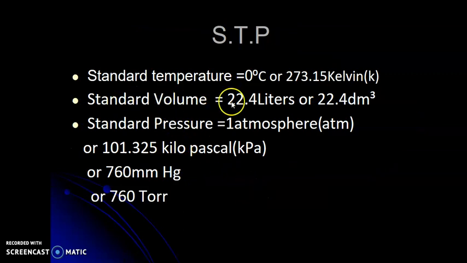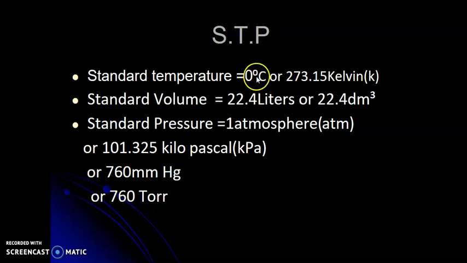All right, this is the breakdown. Standard volume is 22.4 liters or 22.4 dm3. Standard temperature, of course, I said is 0 degrees Celsius or 273.15 Kelvin. We're going to see how we can convert Celsius to Kelvin later on in the lesson, but it's a simple calculation.